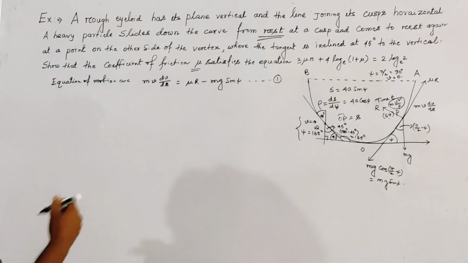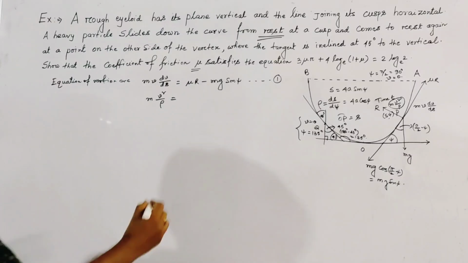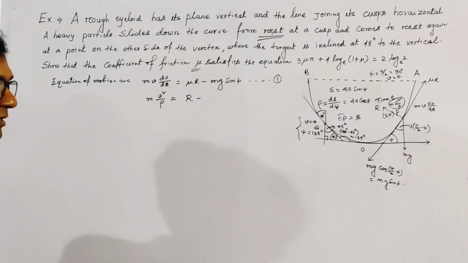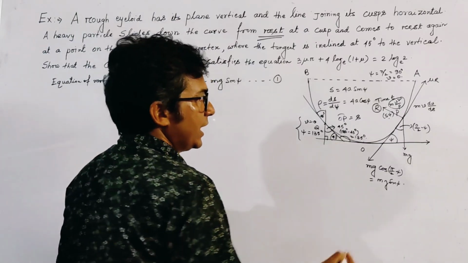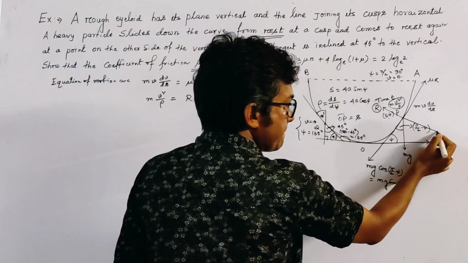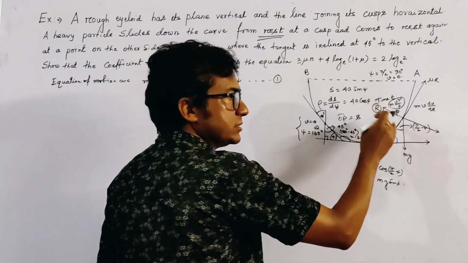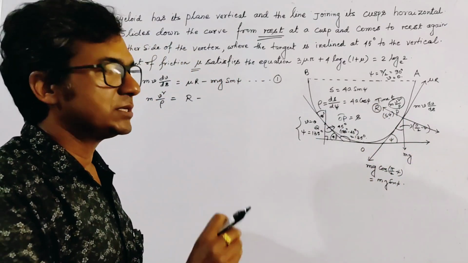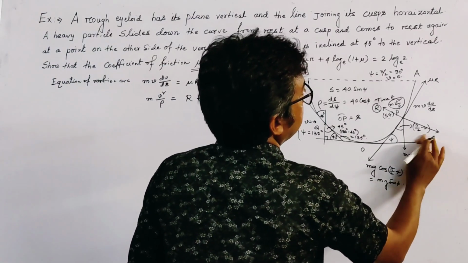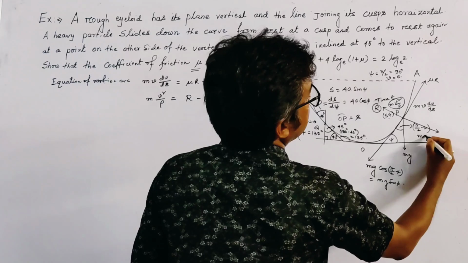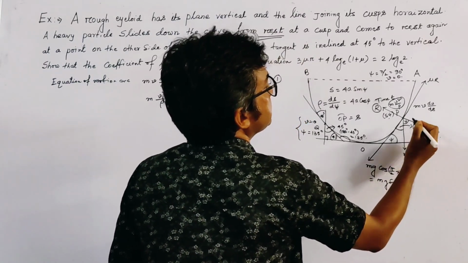And now the normal equation of motion is m v square by rho, and this is given by R minus, because this is the inward normal, this is the normal direction R, and the component of mg along the opposite side of the inward normal, that is along the outward normal, is given by mg cos psi, because this angle is psi.